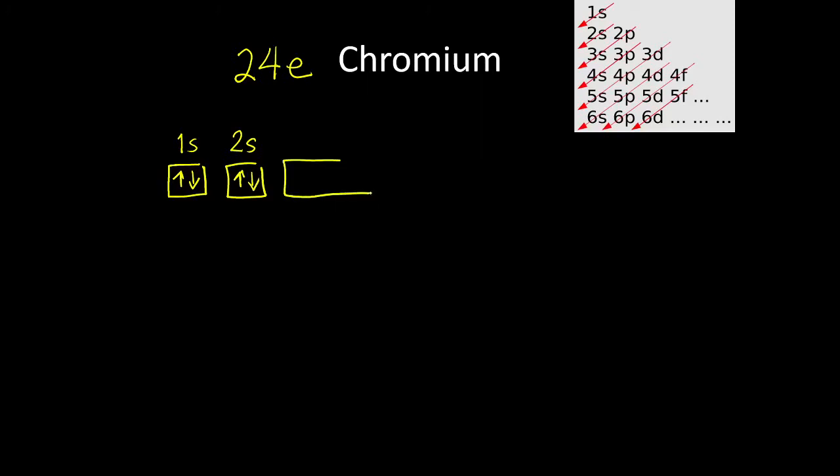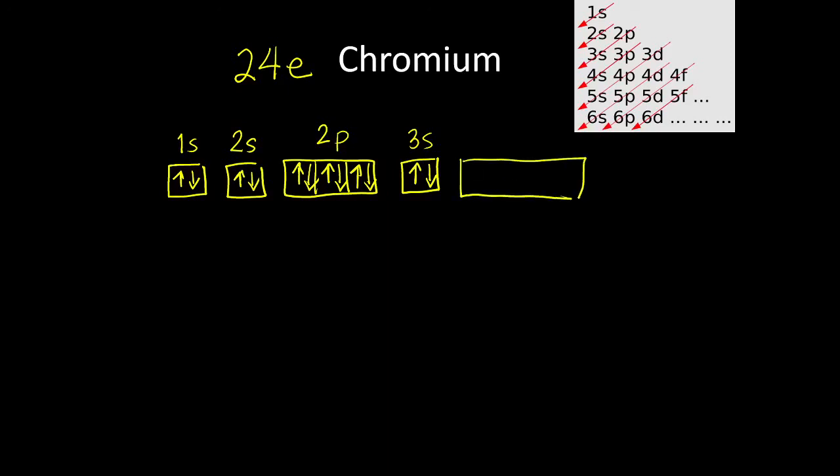Sunod, si 2p. 1, 2, 3, 4, 5, 6. Sunod ni 2p is what? 3s. 1, 2. Sunod ni 3s, 3p. Let's write that down.